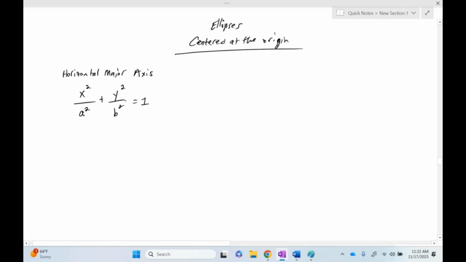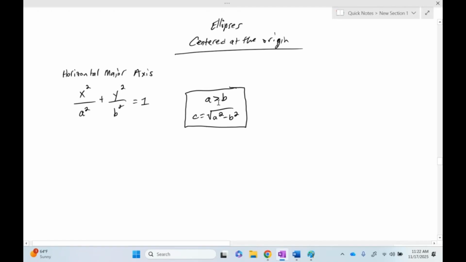For both of these setups, a has to be greater than b. And also for both of these setups, c is equal to the square root of a squared minus b squared. So those apply to both of these sets of formulas.